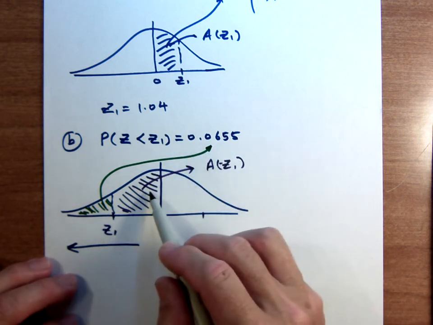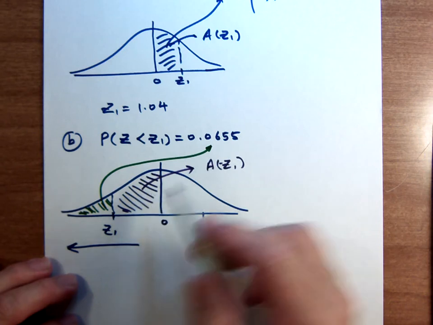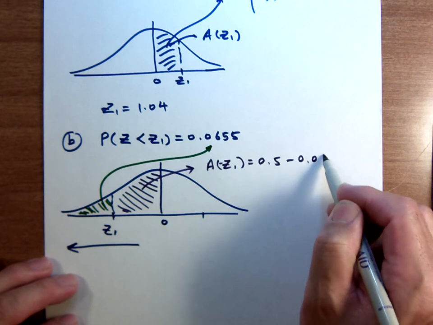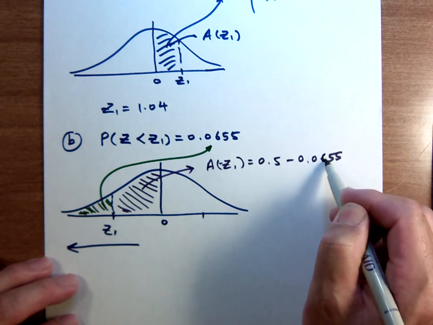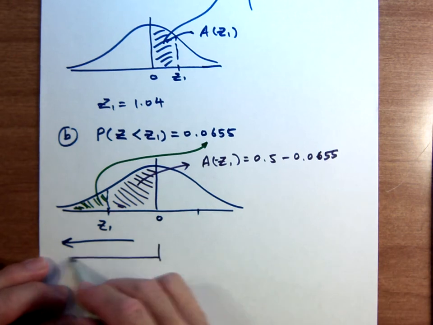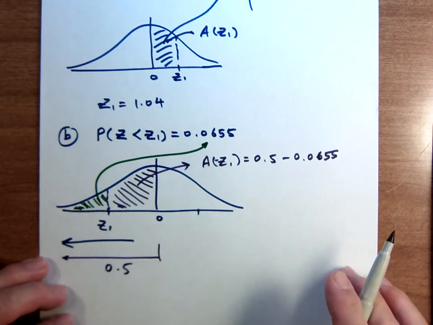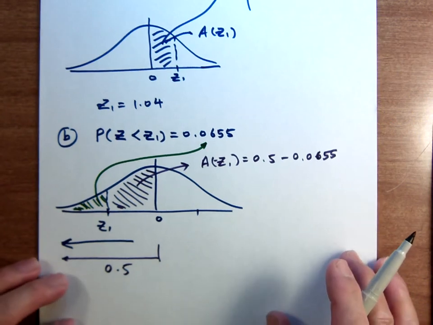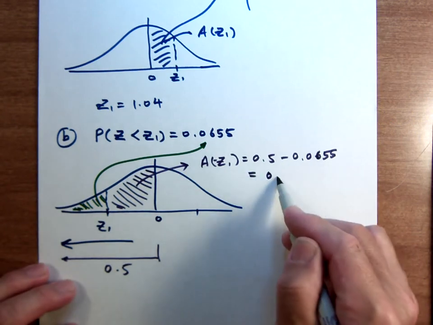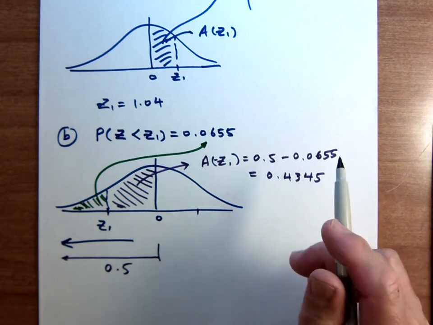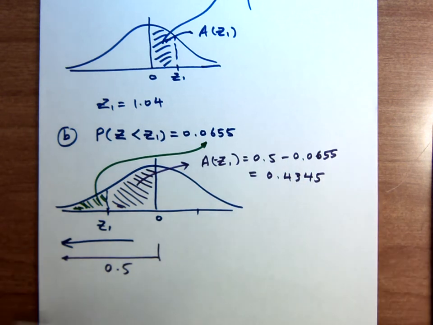So that means this A of negative z1 must be 0.5 minus 0.0655, because that is 0.5. Do this subtraction, and that gives me 0.4345.